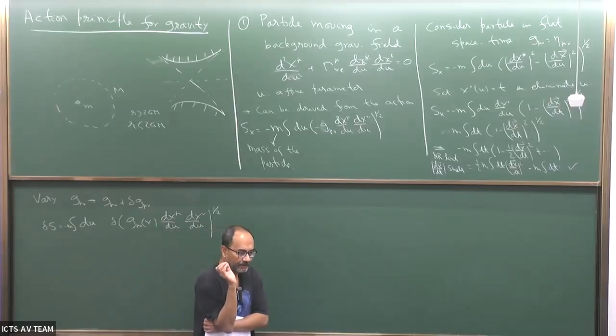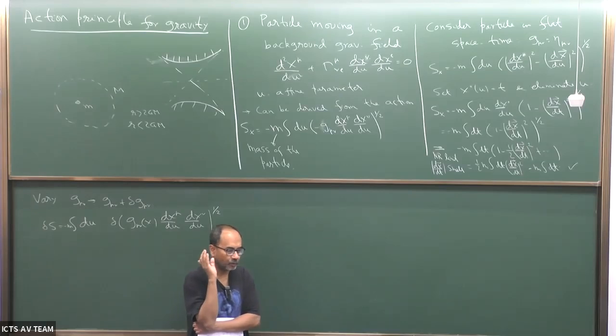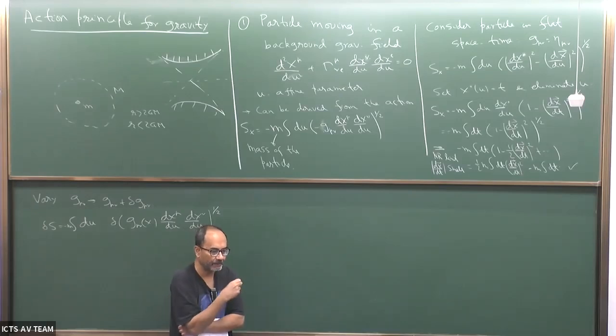So the metric you are also allowed to fluctuate. Earlier in the first part of the course, we studied what happens when the particle moves in a metric, but then we also studied how the particle affects the metric. You want to study that kind of question here, so think of the metric also as a dynamical variable.